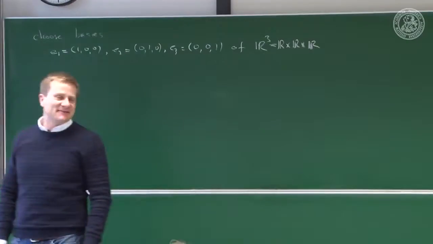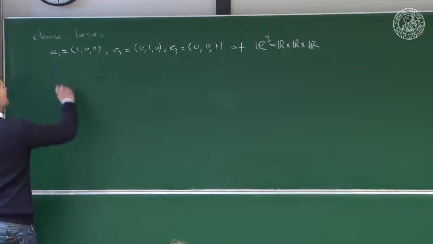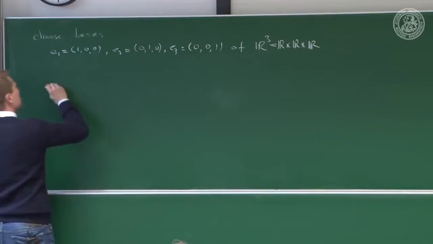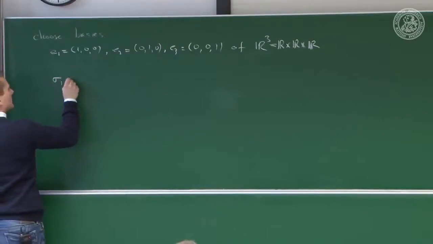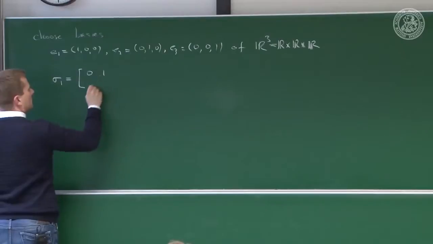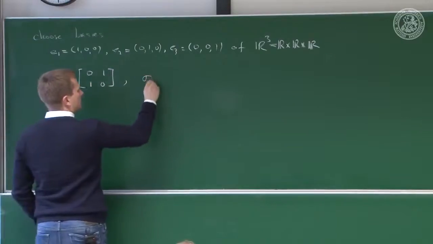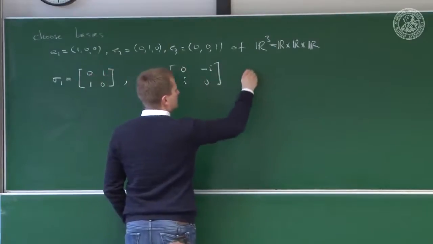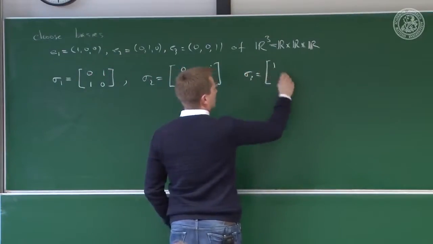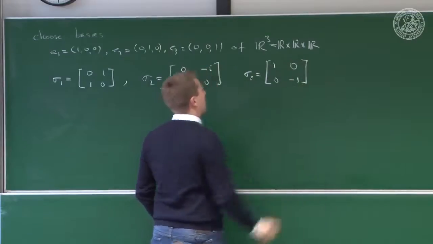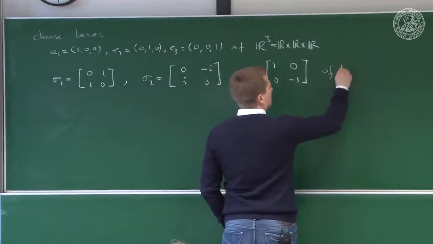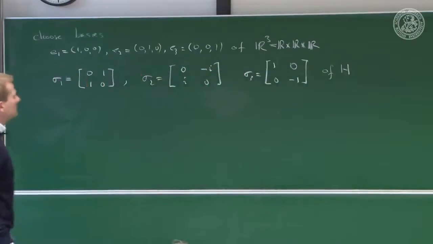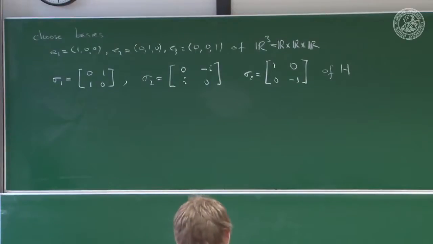Okay, so choose a basis of R3, and we choose another basis, namely sigma 1 being this, sigma 2 being this, and sigma 3 being that, as a basis of this H space, because obviously these are 3 matrices, they all are trace-free, they're linearly independent, and they're Hermitian.